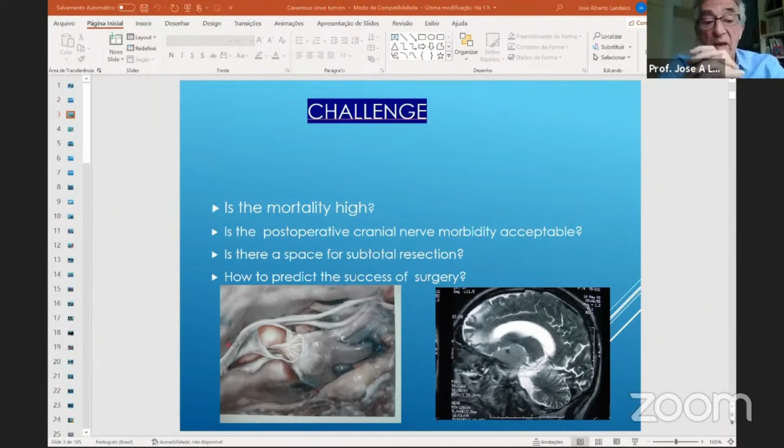Respect the brain, control the feeding arteries, plan the access in relation to the reconstruction, and consider the possibility of future surgery. You must try to preserve the facial branch and the temporal muscle in order to have good access to the tumor.